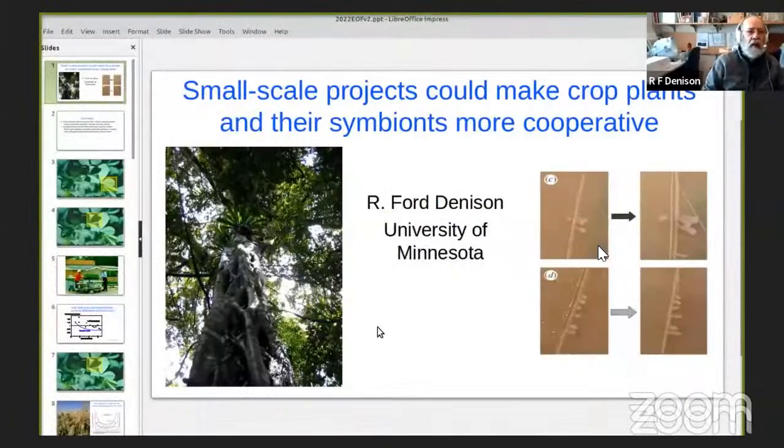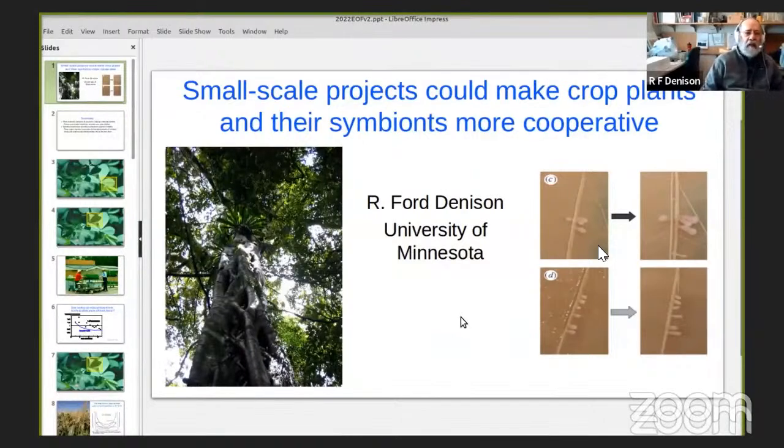Yes. Okay. So I'm going to try to convince some of you that small projects could help to make crop plants and their symbionts more cooperative.